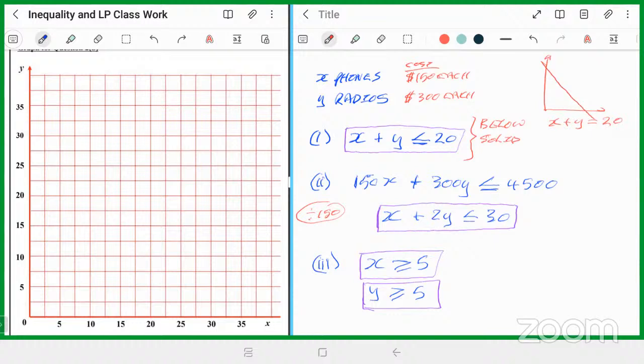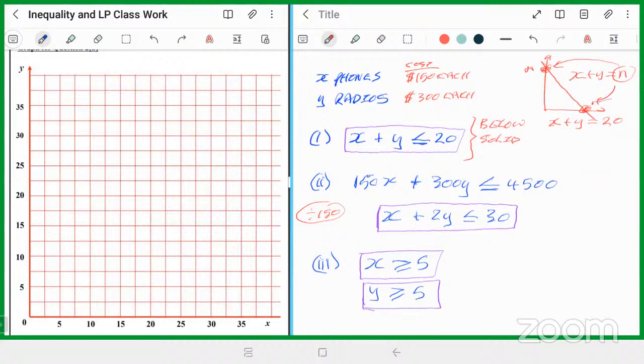It's always such that the x value and the y value will go across the y-axis and the x-axis the same. So if this was some value n on the y-axis, and this is some value n on the x-axis, then this line would be x plus y equals n. So whatever n is, that is the value that crosses the y-axis and crosses the x-axis.